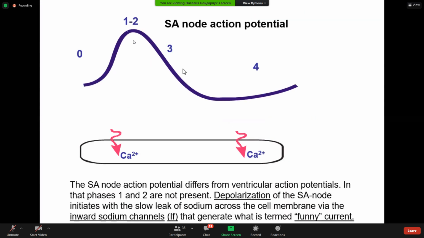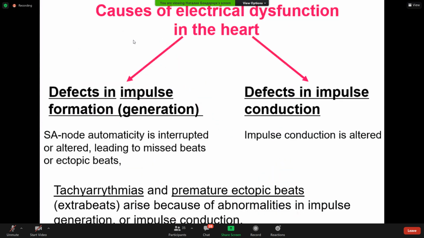But sodium channel blockers can't play any role in the sinoatrial node action potential. Almost such drugs have no influence on the action potential of the sinoatrial node, because the major ions that are responsible for automaticity or conduction of the sinoatrial node are calcium ions. That's why sodium channel blockers can't change the action potential of the sinoatrial node.